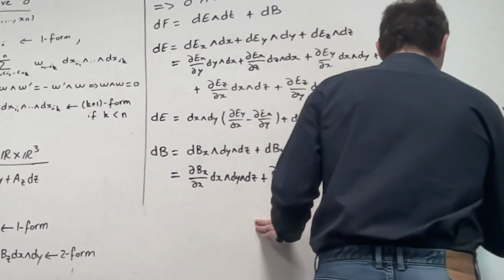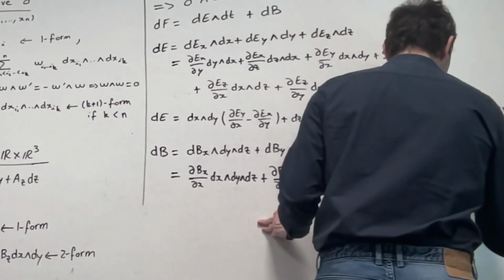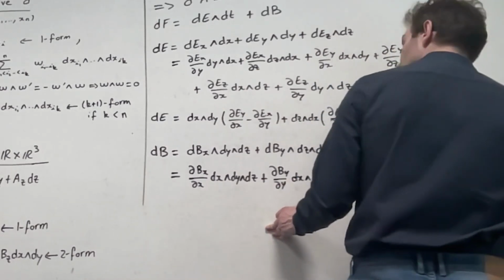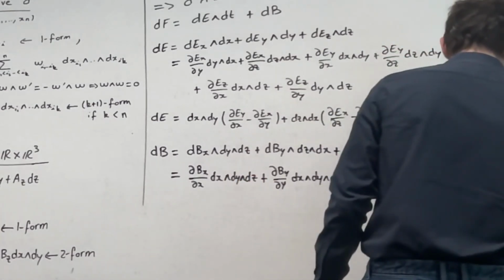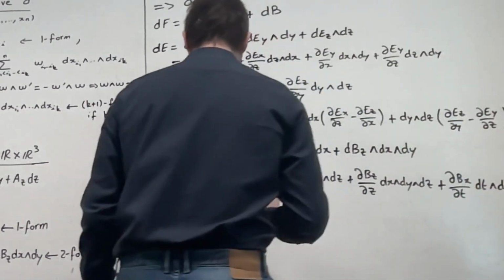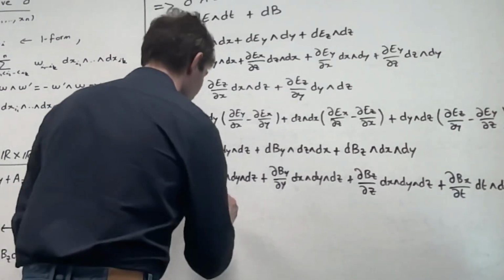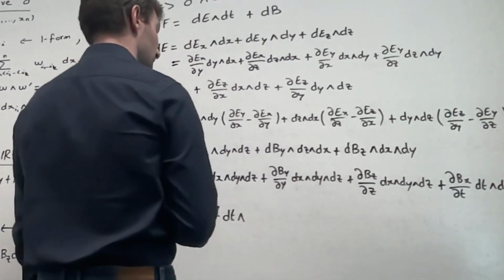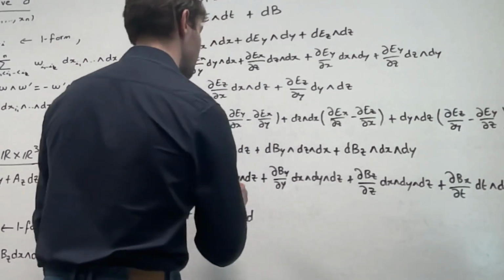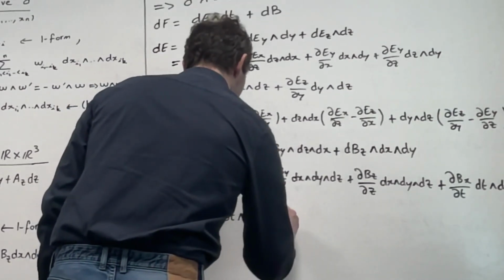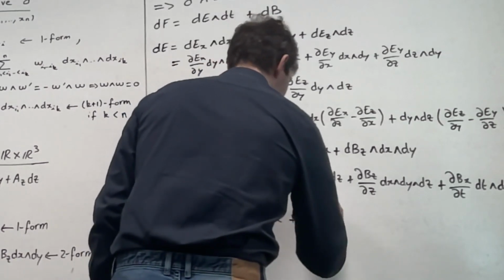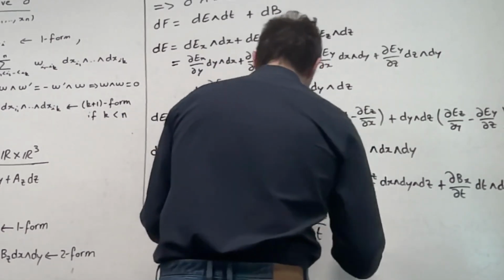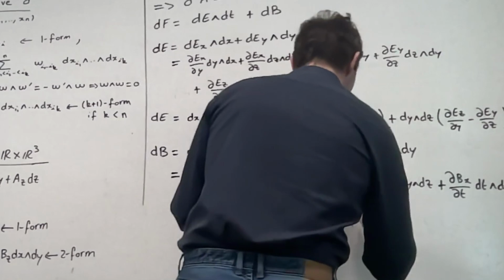Okay, so here, that's what you've got. And then we need to have the time component. So that's dbx dt, and that's dt wedge dy dz, and then plus dby dt, and that's dt wedge dz dx, sorry, and then plus dbz dt, and that's dt wedge dx dy.